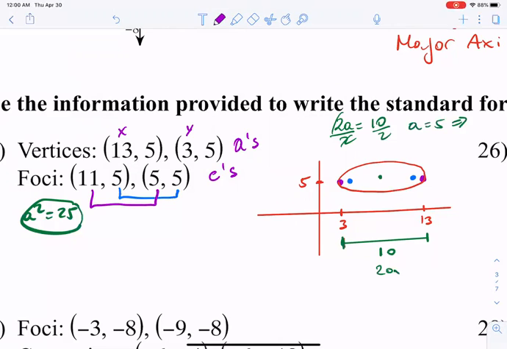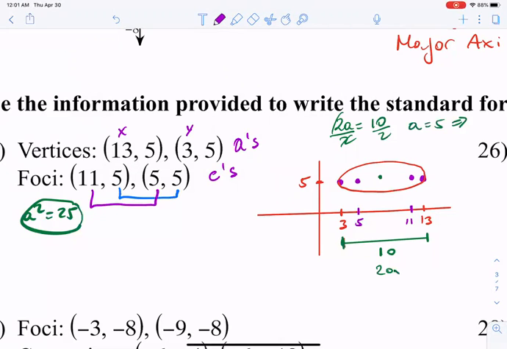So one is at 5,5. Sorry about that, let me erase that. 5,5 is here. And then the other one is at 11,5, and that's here.